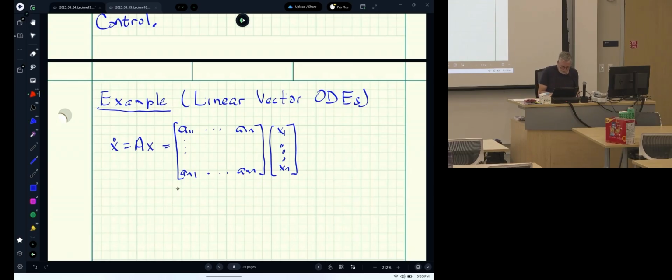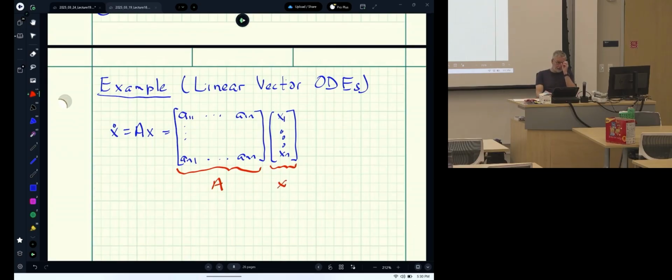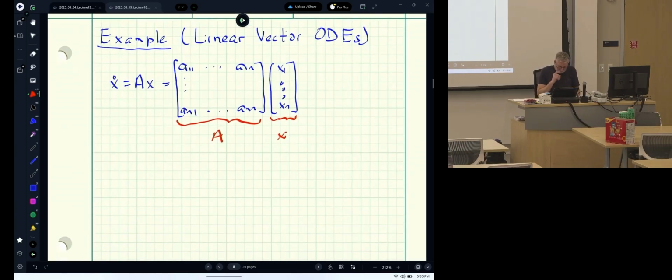Okay, so here's A. Here's x. So x dot equals Ax. This is the differential equation equivalent of Ax equals b, except b is now x dot. So it's a lot more interesting what can happen with this equation.